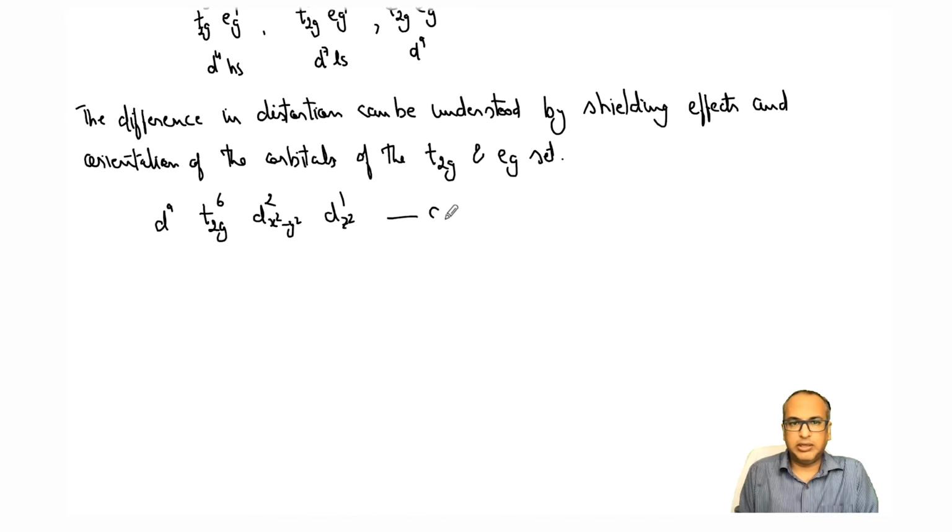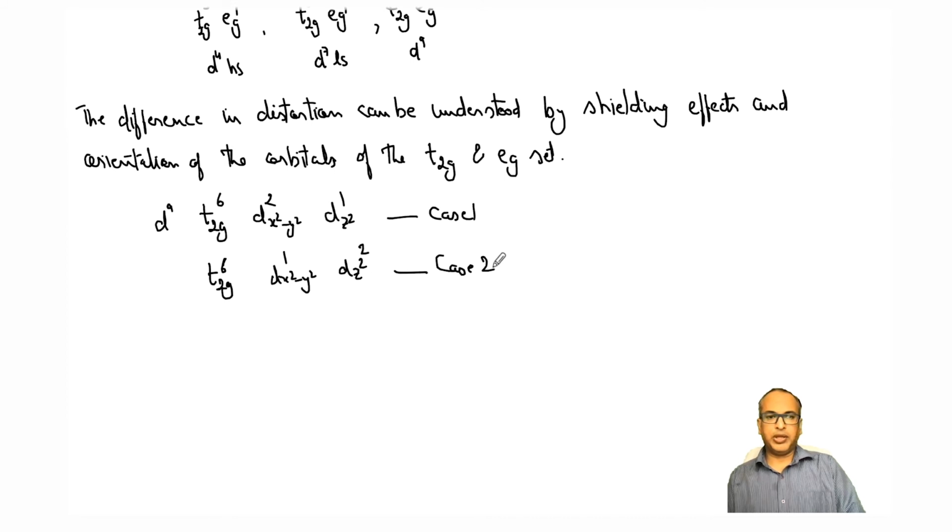This can be considered as case 1, and the other possibility is T2G6, dx square minus y square 1 and dz square 2. Now this will be case 2, right? So now let's see what happens in case 1.